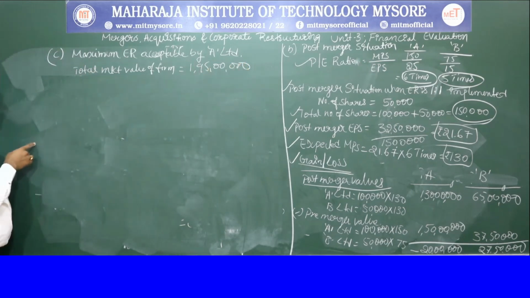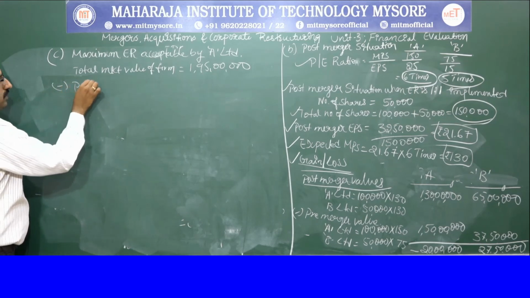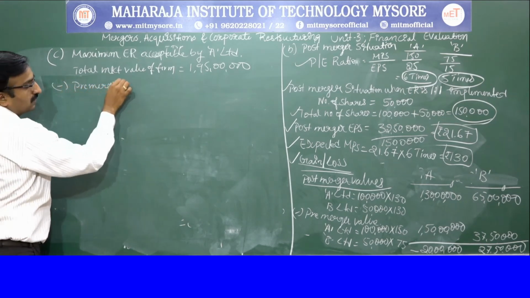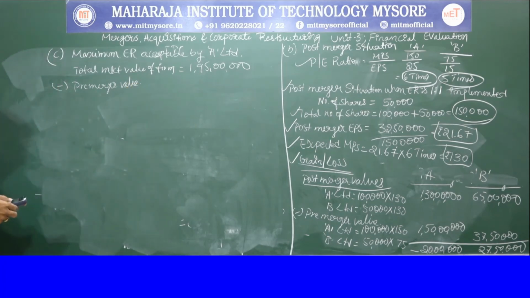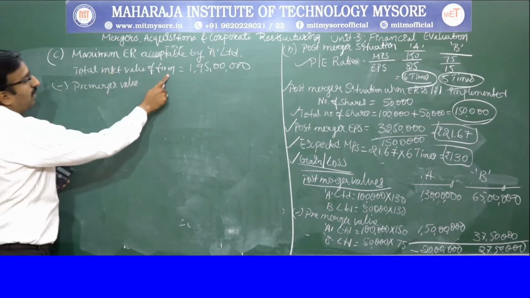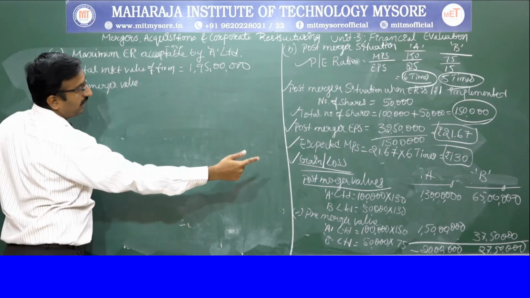Okay, 1 crore 95 lakh we will get, and pre-merger value, put together A company and B company.